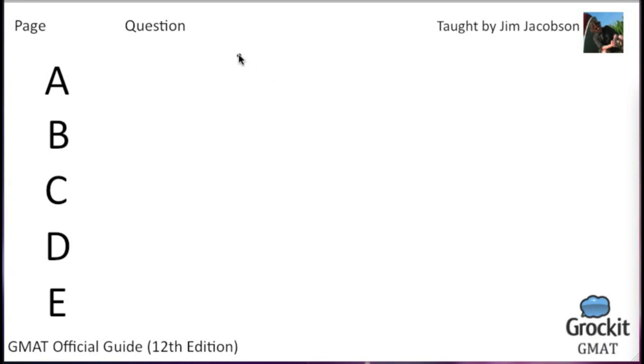The big one overall is just to know how arguments are structured. Argument structure. Overall, arguments in the critical reasoning section are constructed in this way. They're basically very similar to an equation.